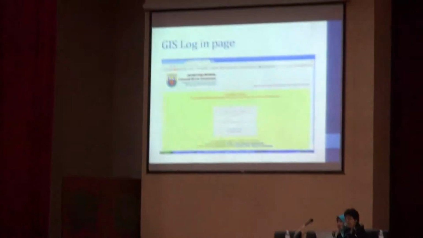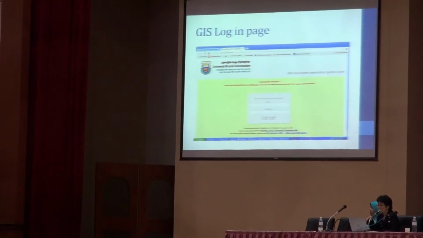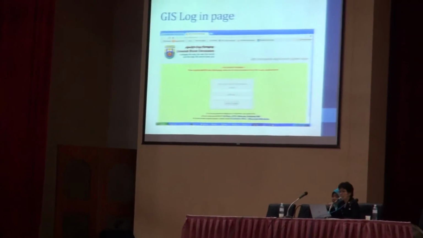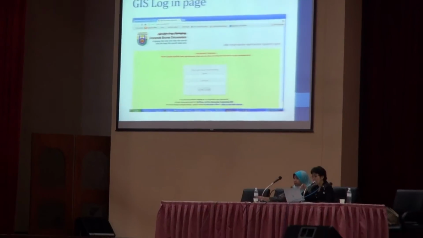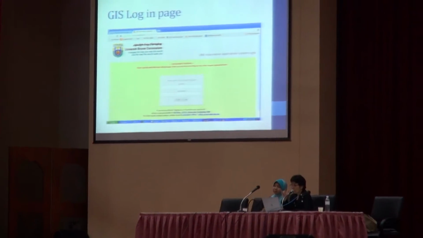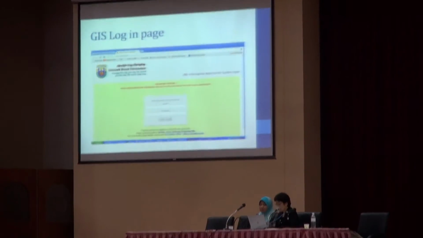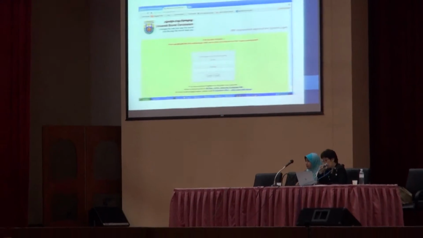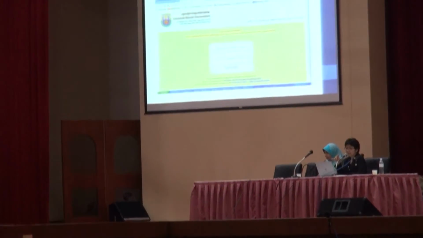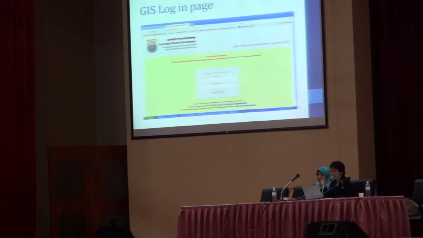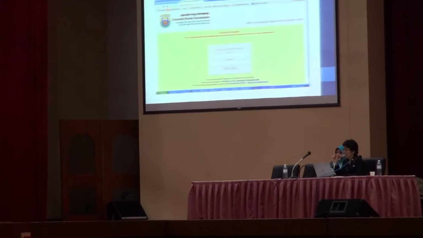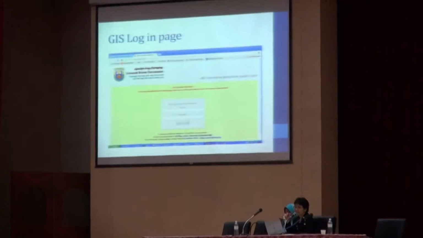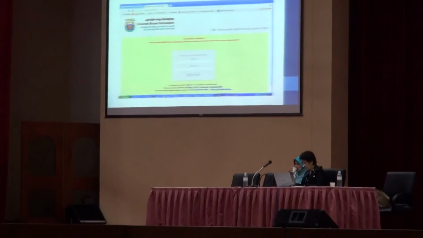When you click on GIS, it will prompt you to enter your username and password. Now, this applies to all students, whether you're PhD, Master, Diploma, or Bachelor, or UniBridge. You key in your registration number. There's no need to put @ubd.edu.bn, just your registration number of 14N0001, followed by your password.